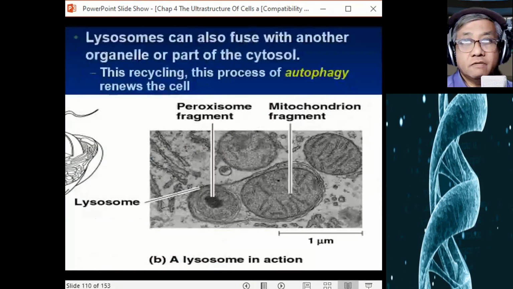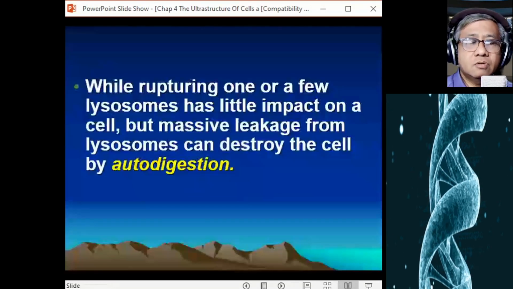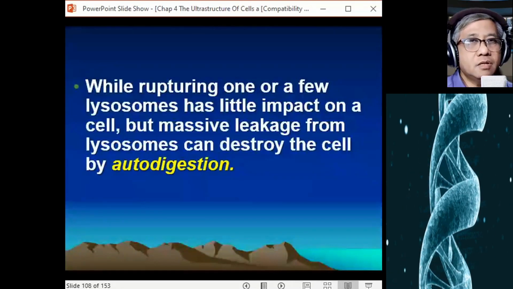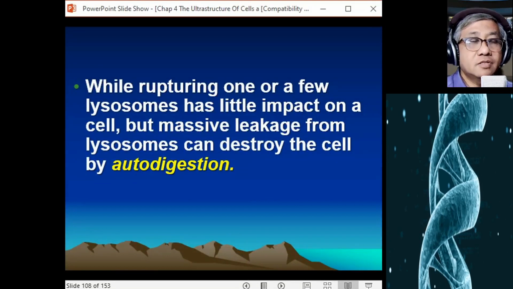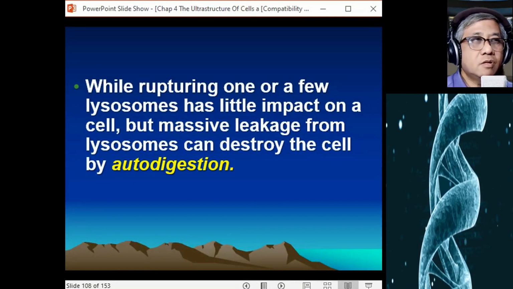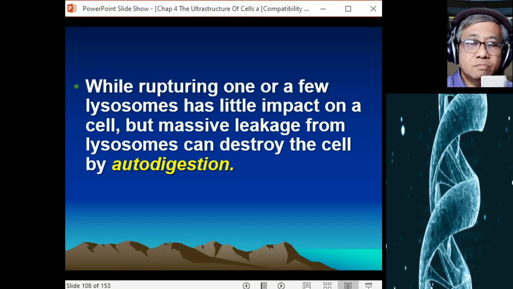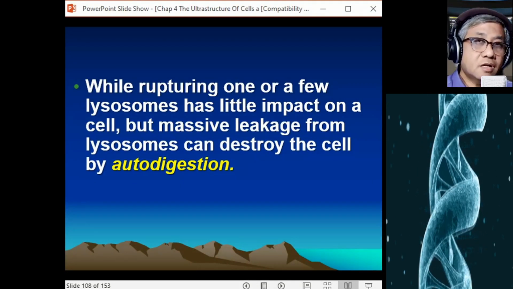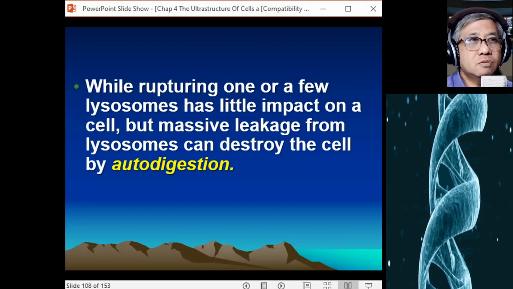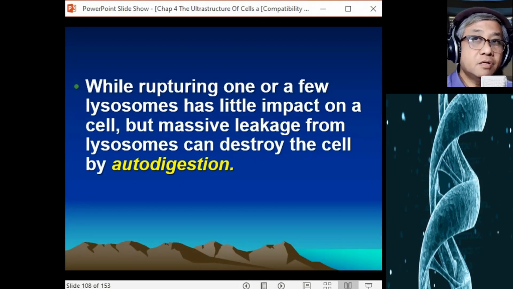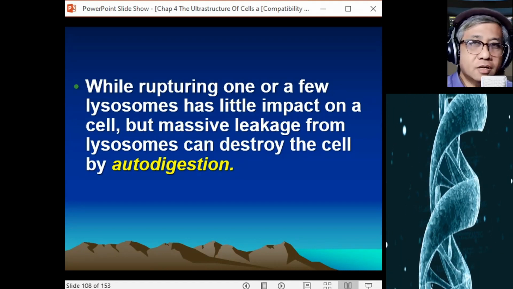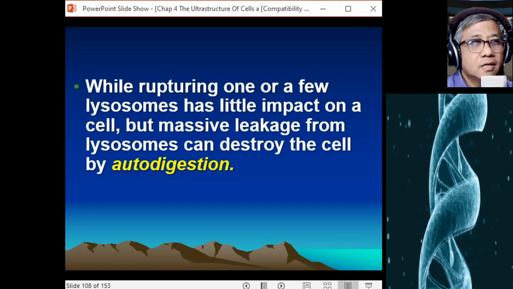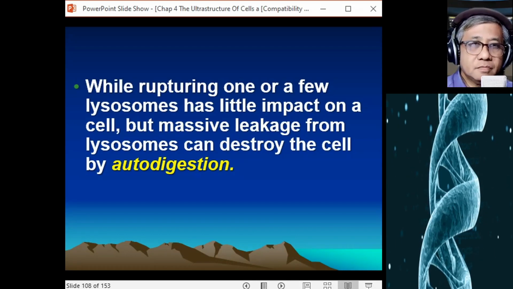Now, what is the significance of autodigestion? Autodigestion is involved in developmental processes. For example, I'm sure you're familiar with the tadpole, yung botete. As the tadpole matures into a frog, di ba yung tail niya nawawala? The fish-like tail of the tadpole gradually disappears.